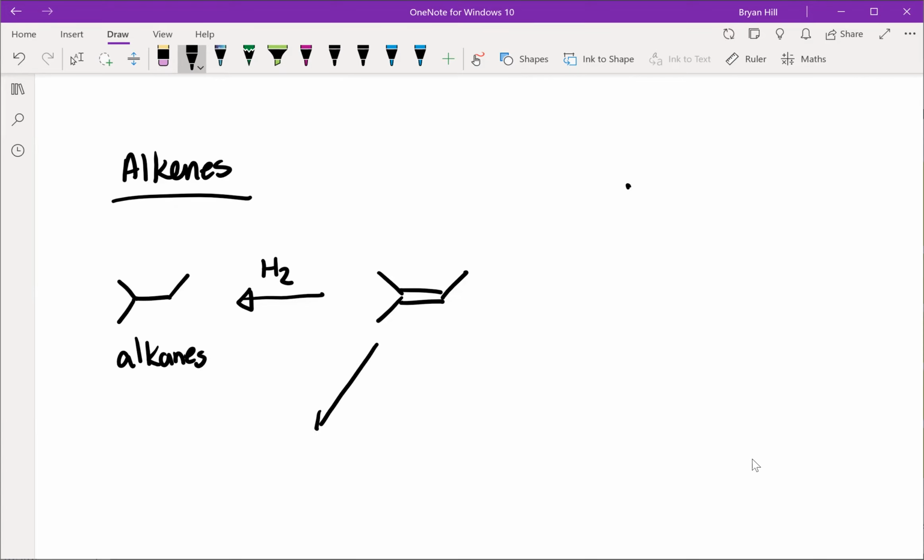We are going to add what we would call carbenes to make cyclopropanes.